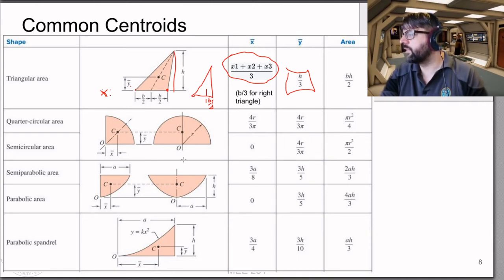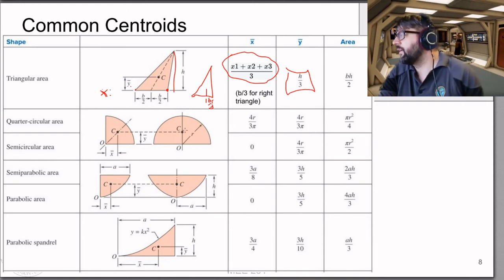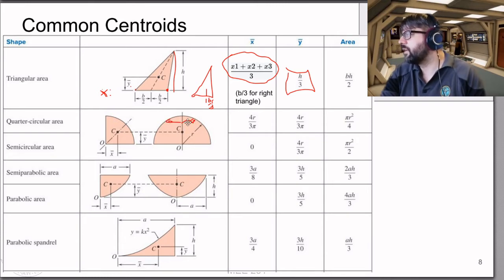One thing you should be able to notice is that anytime an object has an axis of symmetry, then the centroid is on that axis of symmetry. If you want to know how that works mathematically, that's saying that when you take your individual moments on either side, they cancel out when taken about this axis.